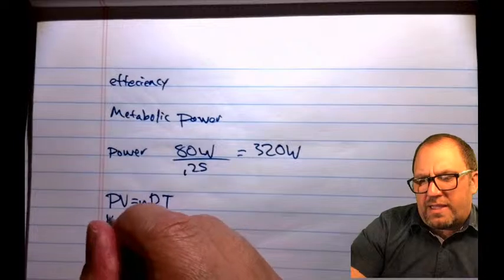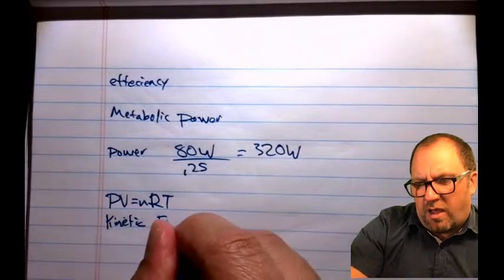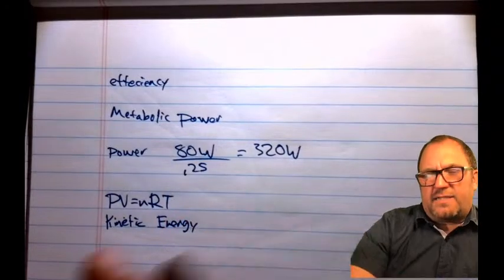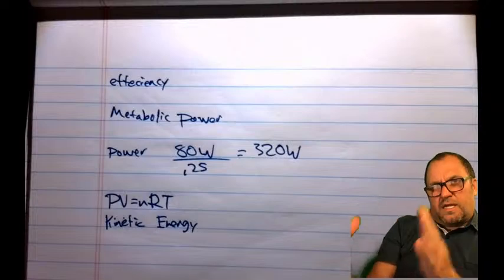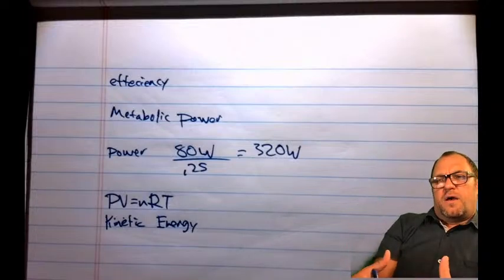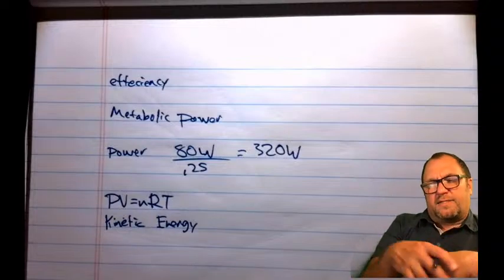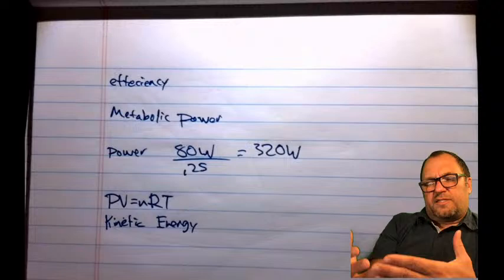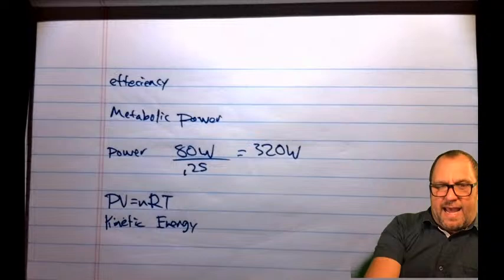We also want to know about the kinetic energy of the gas. So if I tell you this amount of gas has a certain temperature, what is the corresponding kinetic energy? Or if I said I supplied this much thermal energy to the gas, it's at this temperature, how much kinetic energy does it have?